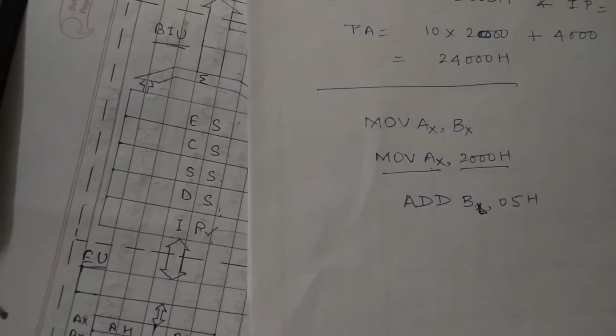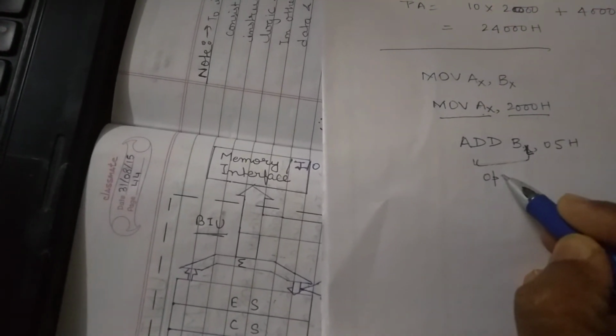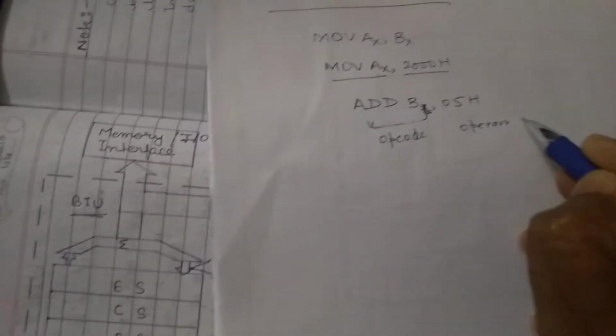Okay. So now this instruction again has two parts. This is the opcode and this is the operand. So when this instruction is given to the execution unit, the opcode part is given to the control system and the operand part is given to this address bus.